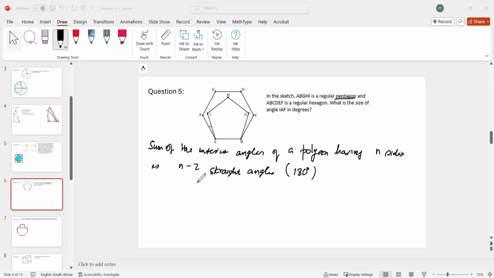So here you've got the hexagon. Now these are regular. Regular means all the angles are equal.